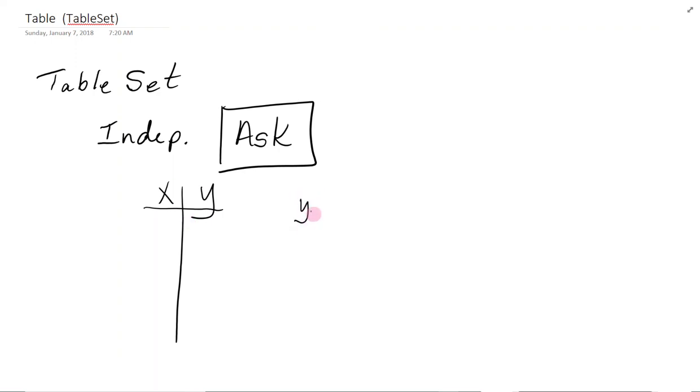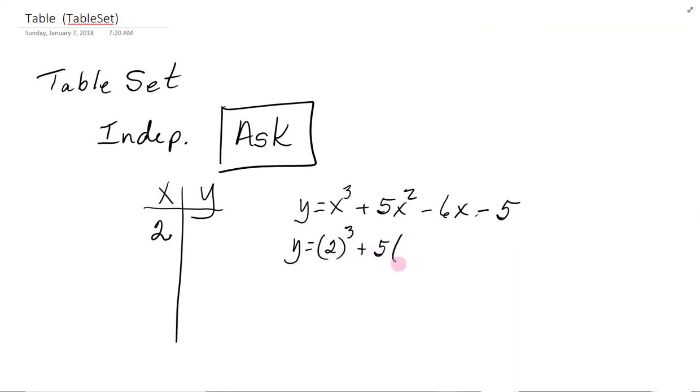Now I had Y equals X to the third plus 5X squared minus 6X minus 5. If I let X be 2, well, then Y would equal 2 cubed plus 5 times 2 squared minus 6 times 2 minus 5. If I were filling out a T-chart, this is what I'd have to do.